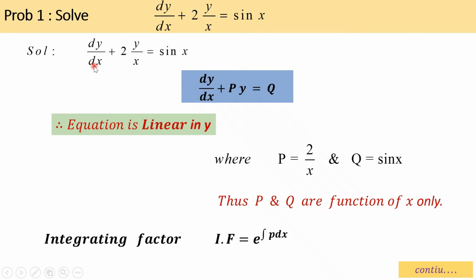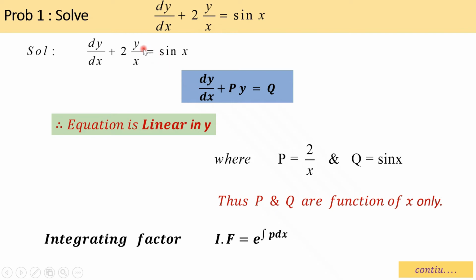Let us take a problem and check whether it is in the standard form of linear differential equation or not. According to the linear differential equation, the coefficient of dy/dx must be 1. Yes, it is. The second condition is that the right hand side of the equals sign must be a function of x. Yes, it is so. That will be the value of q.